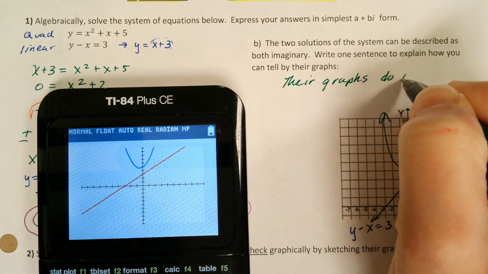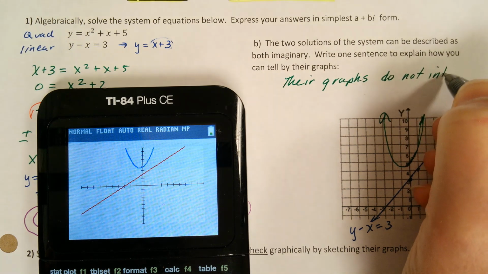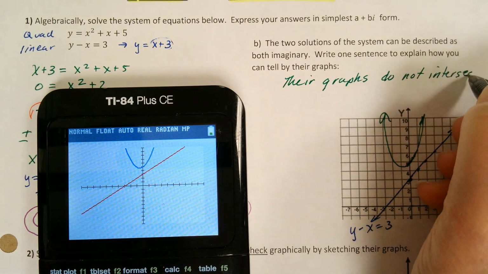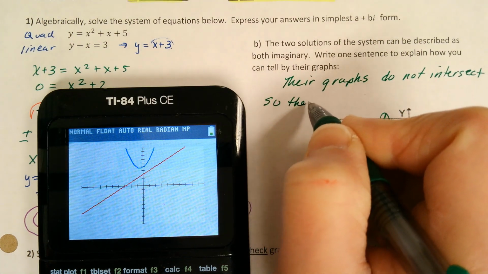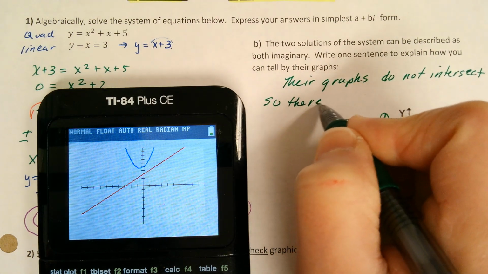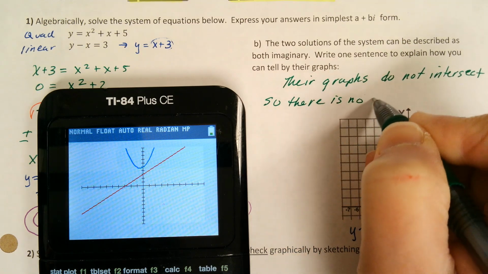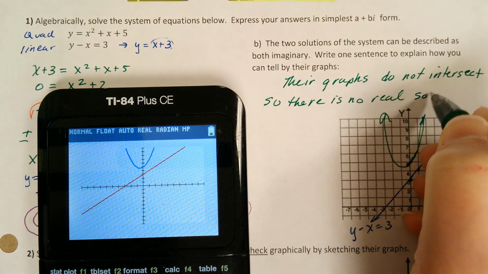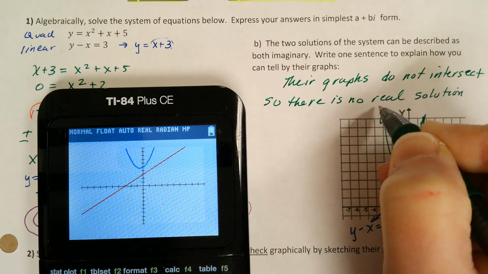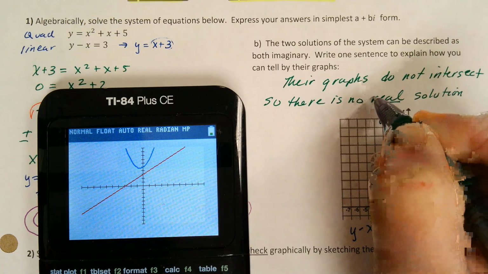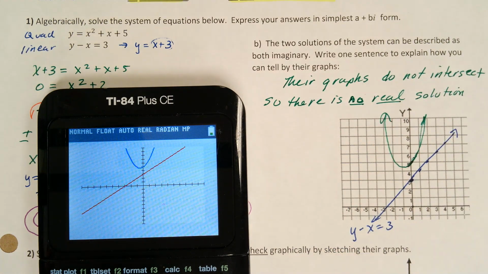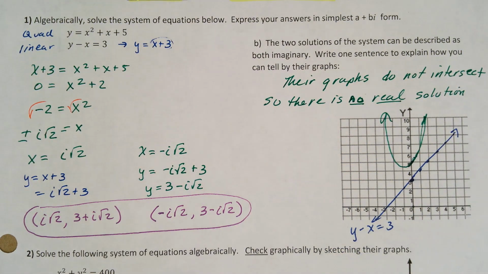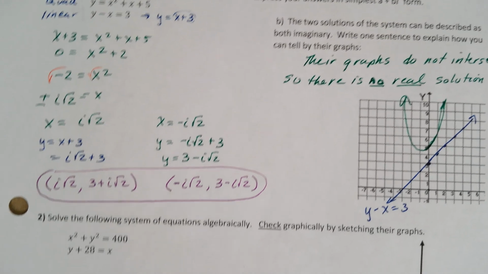Their graphs do not intersect. So there is no real solution. As we saw, our solutions are imaginary.